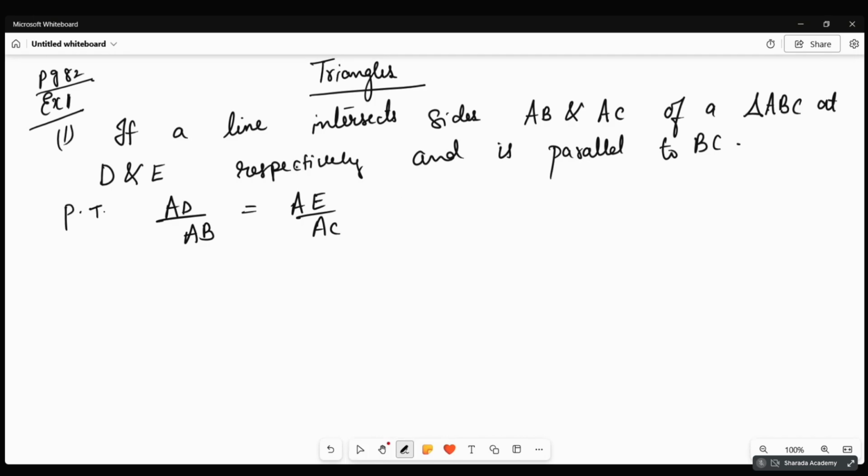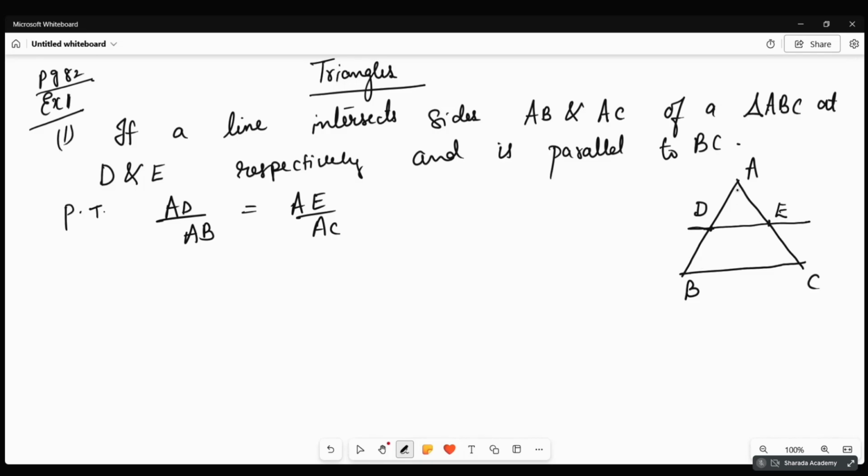If a line intersects AB and AC of triangle ABC, draw triangle ABC. They intersect at D and E. AB is intersected at D and AC is intersected at E, and it is parallel to BC. So listen here.